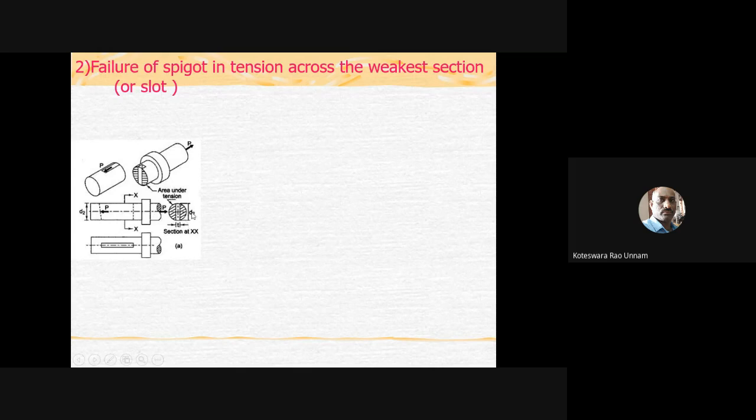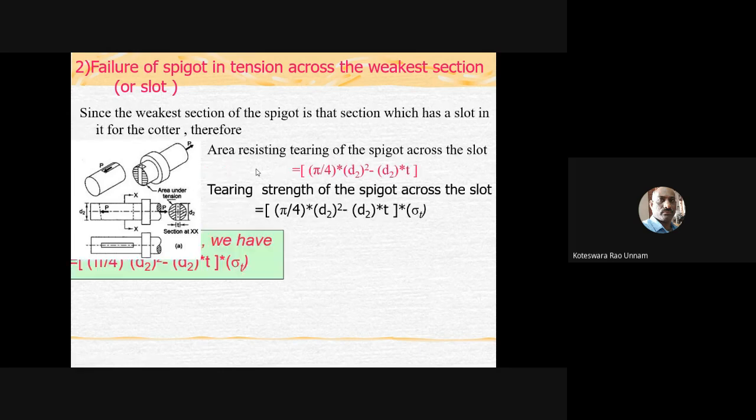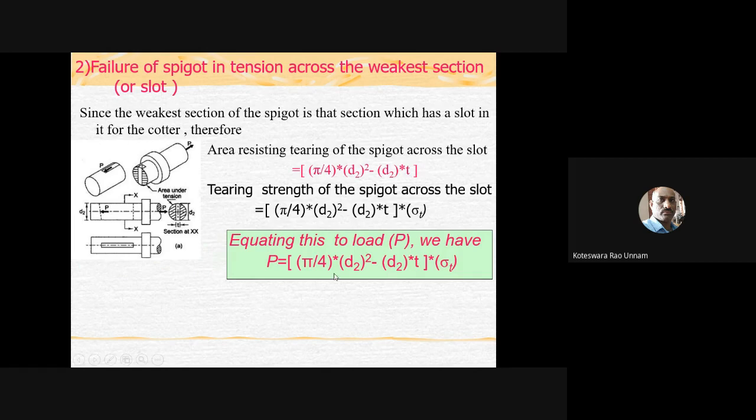For that we need to calculate the area of this section, which is pi/4 d2 square minus d2 into t, multiplied by sigma t. This gives the tensile strength across the section, and you need to equate that to the applied force P. Then from that equation you will get your d2 value.